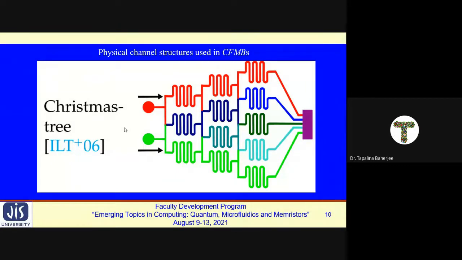Now, we need to look into some physical channel structures. One of the most important challenges in continuous flow microfluidic biochips is to perform homogeneous mixing of fluids. Physical design, especially the geometry of the micromixer channels, plays a vital role in the design of the mixer. Here you can see a Christmas tree-shaped fluidic network served as a sample pressure-driven microfluidic gradient generator system.